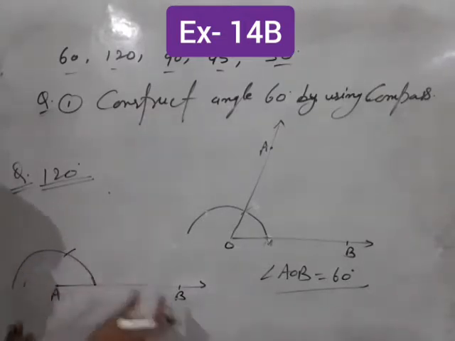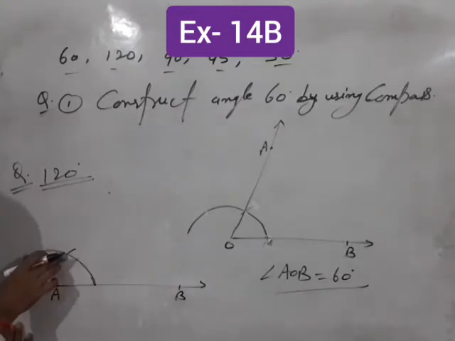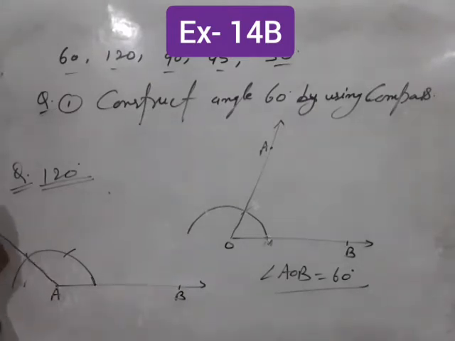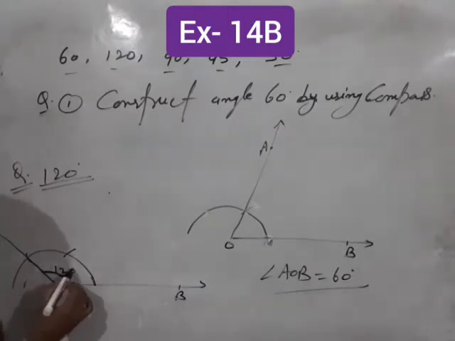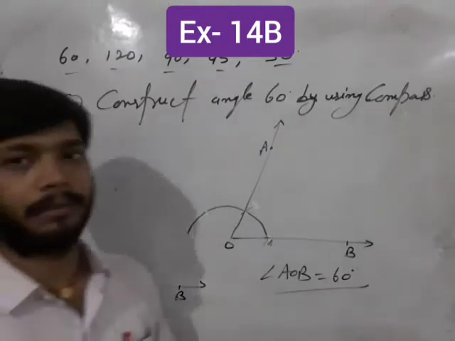Again fix the compass here and cut the arc, and join this ray using the ruler. This angle is 120 degree. Clear friends? Here the 60 degree and 120 degree angles are completed.